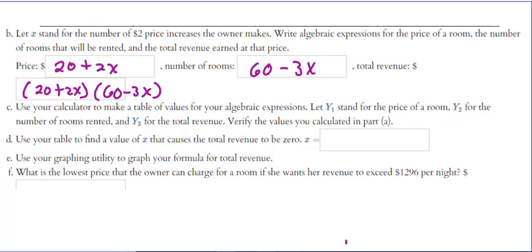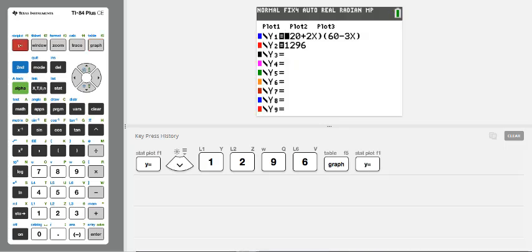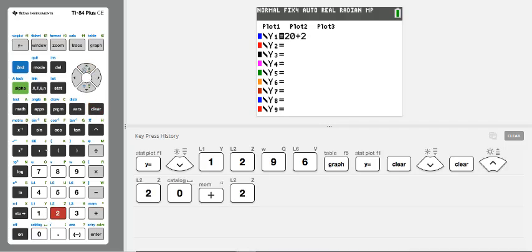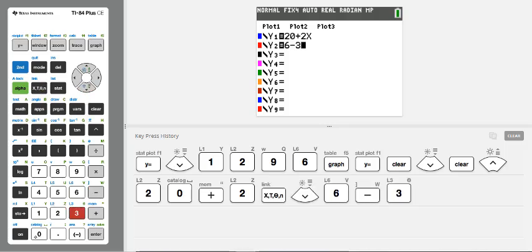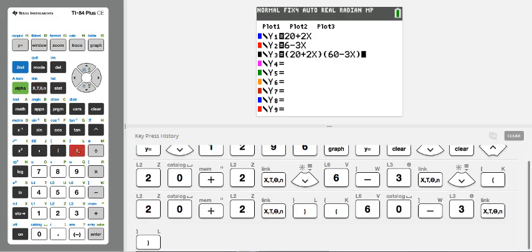Okay, so let's do this. Okay, so we're going to do 20 plus 2X, and then we'll do 60 minus 3X, and then what we'll do is in the third column, we'll just do them all together, right? The total revenue, 20 plus 2X times 60 minus 3X.